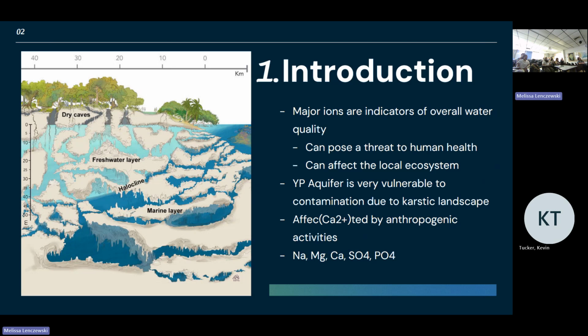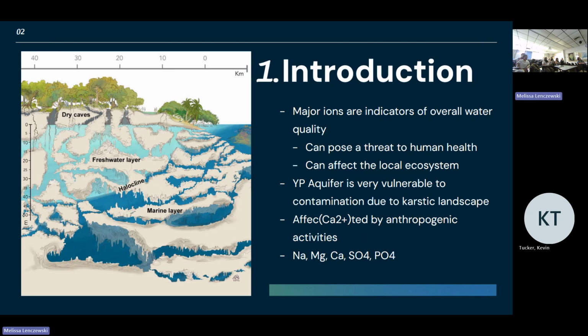Usually groundwater has a natural amount of various major ions, but in higher concentrations they can pose a threat to not only human health, but also the health of the local ecosystem, like all the different plants and animals. Because as previously discussed, the Yucatan Peninsula aquifer is karstic. It is also very vulnerable to contamination due to the easy access to groundwater.